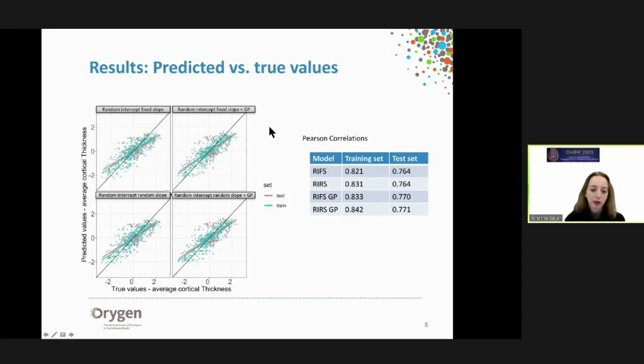The picture doesn't look very different, but here are the scores, and you see that the random intercept random slope model with the GP has the highest correlation. The correlation then drops a bit in the test set. You also see that the model random intercept fixed slope has the lowest correlation, and this is also statistically significant. So this model performs worse than the other three.